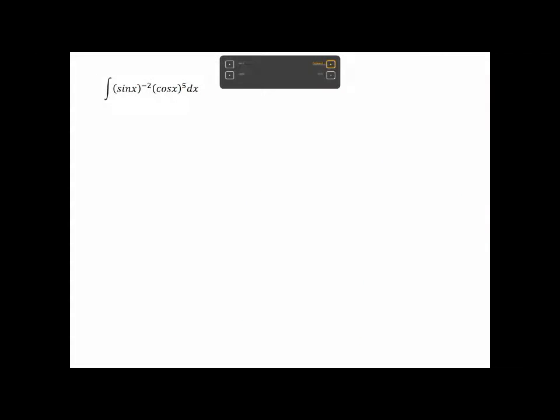Let's see next one. Okay. Integral sin x to the negative 2, multiply cosine x to the fifth. I know this is a sine and cosine problem, and I find here is a positive odd number 5.